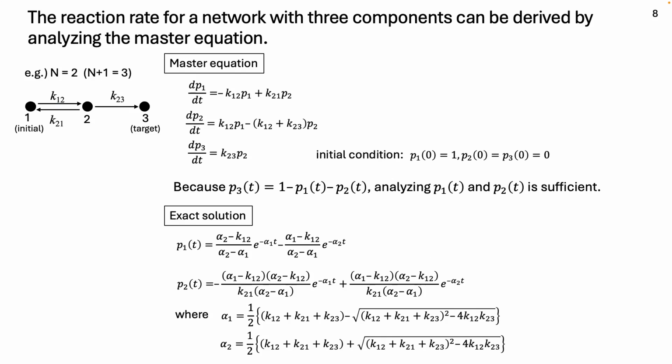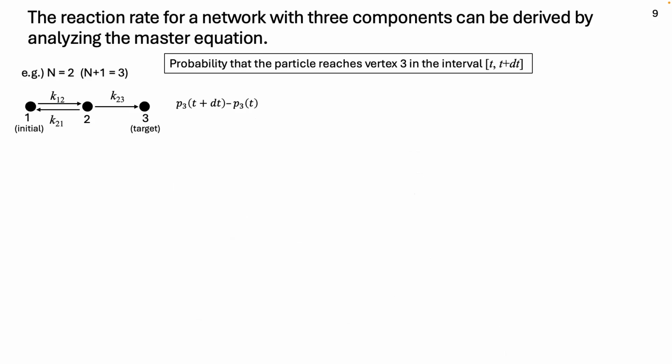And then P1 and P2 are also linear differential equations. So we can obtain the exact solution by using eigenvalues and eigenvectors. And then the probability that the particle reaches vertex 3 in this interval is the same formulation.